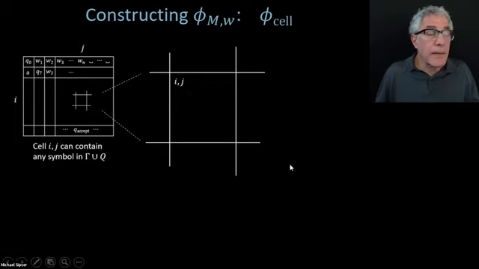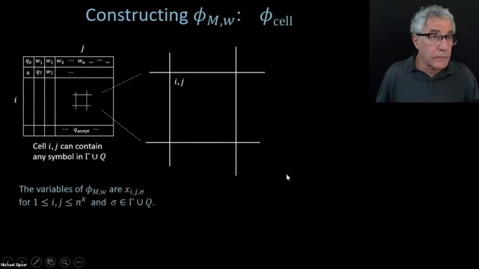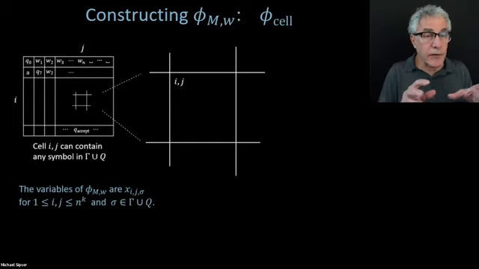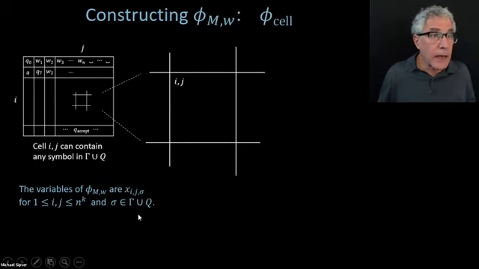Okay. Now, how am I going to encode that with variables? This is the collection of variables that's going to apply to the entire formula phi sub mw. Each cell ij is going to have a set of variables, one for each possible symbol sigma that's in the configuration alphabet, namely a tape symbol or a state symbol.